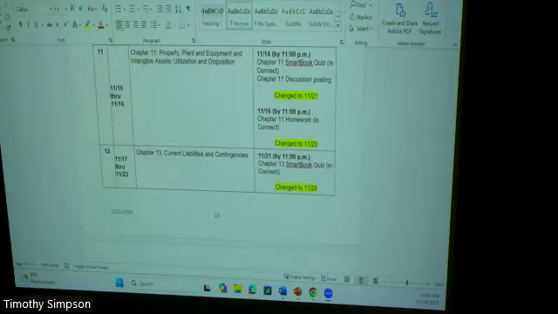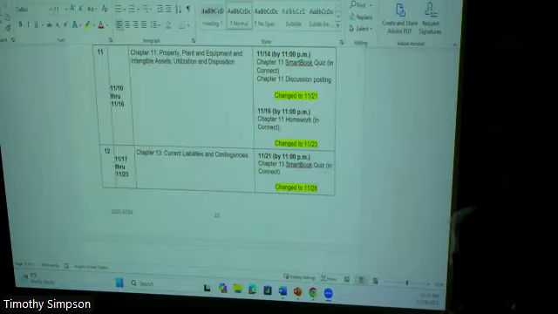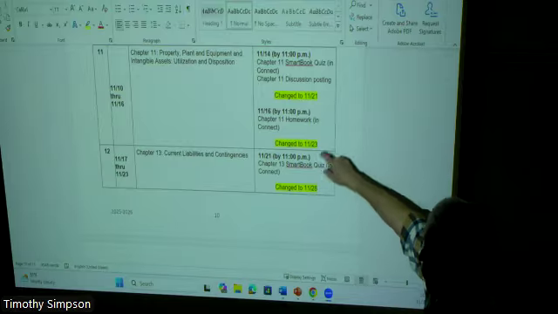For whatever reason, students like to congratulate each other on the quality of their peers' discussions, which I've never been able to figure out. But nonetheless, just keep it content focused. So that's what's due for Friday. By the end of the week, then you want to focus on what's going on with regard to Chapter 11 homework in Connect.